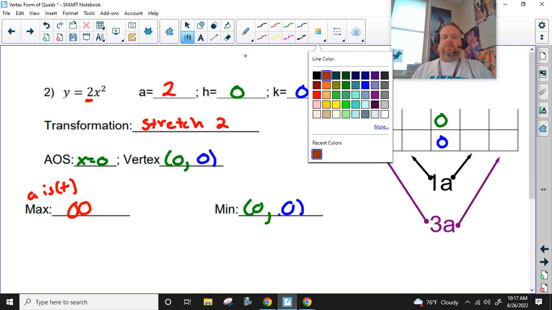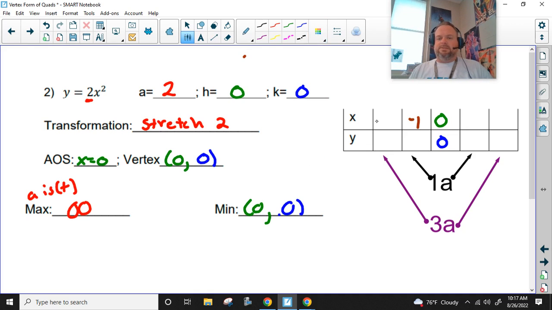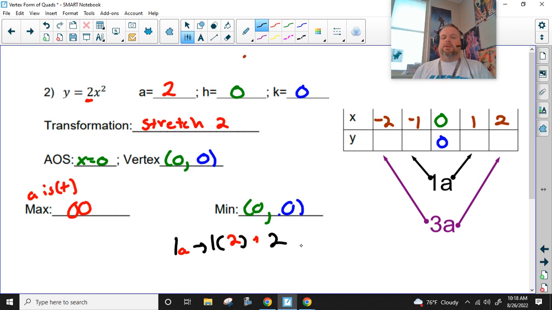Now let's find the points we need to graph. For 1A, that would be 1 times what? 2. What's 1 times 2? 2. So we take this and we add 2 to it.